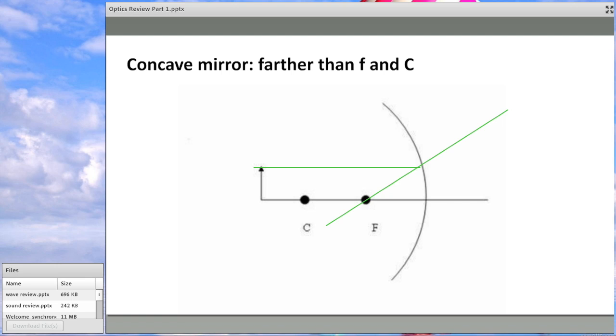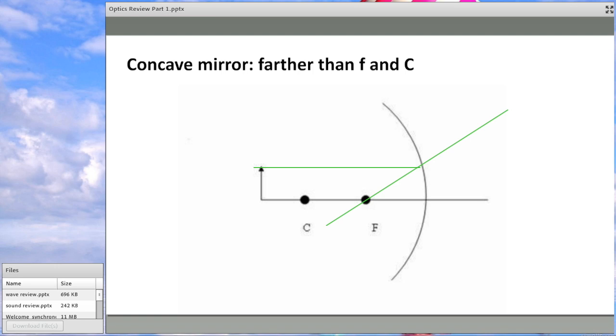So the first line we draw, or the first set, is a horizontal one from the top of our object. That's what this little arrow is, to the mirror. And then we'll do one that's going to go straight through the focal point and hit that line as it hits the mirror. And then we'll have this longer line like that.